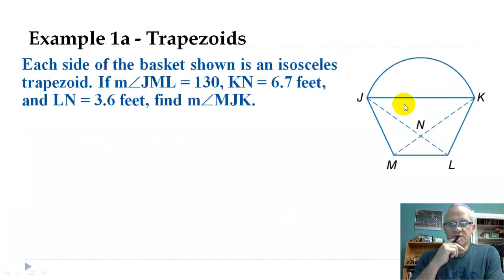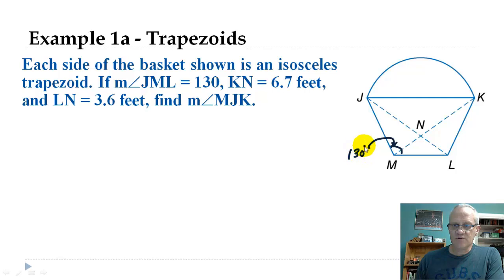All right, let's take a look at an example here then. Each side of this basket is an isosceles trapezoid, so the things that we just talked about are true here. Find the measure of angle JML. JML is this whole entire thing right here. That whole thing is 130 degrees.